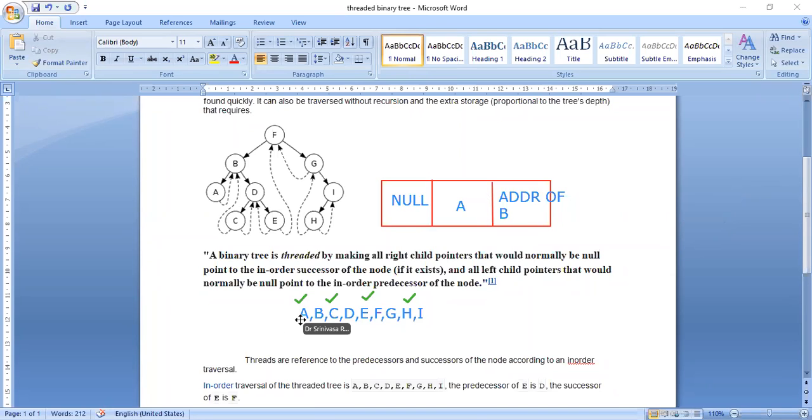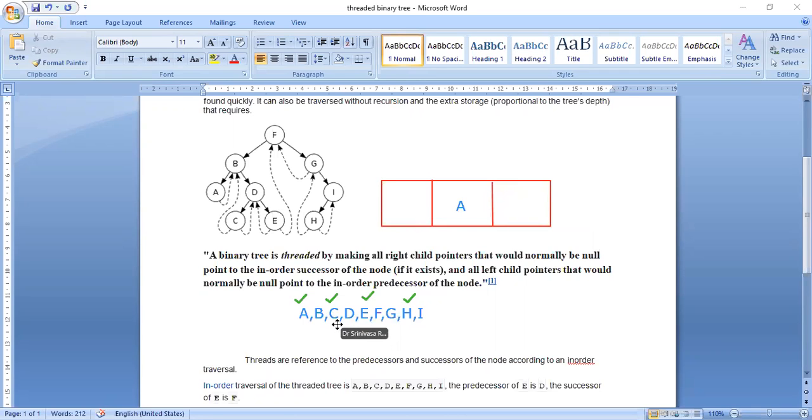Predecessor means the first node visited before A. There is no node visited before A, so I will keep the left pointer as null. In the right address pointer I will keep the address of the successor of A, which is the address of B.